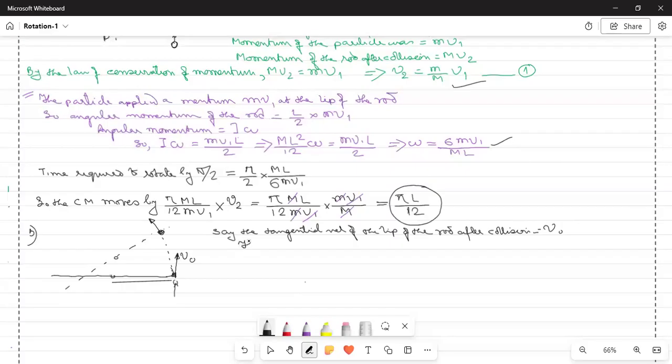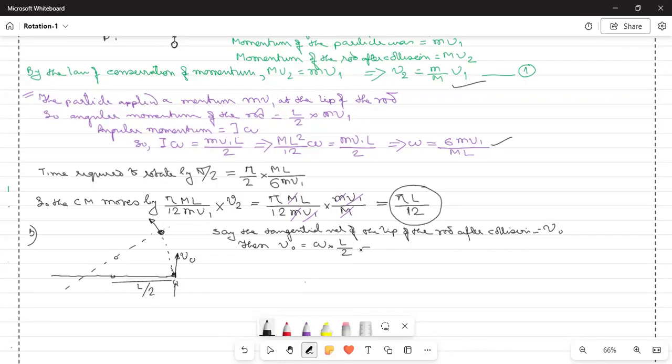Then v0 equals omega multiplied by L by 2. This length is L by 2.